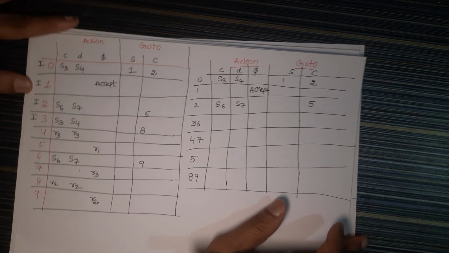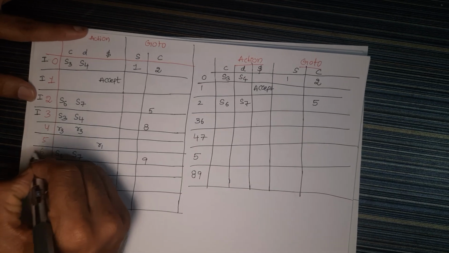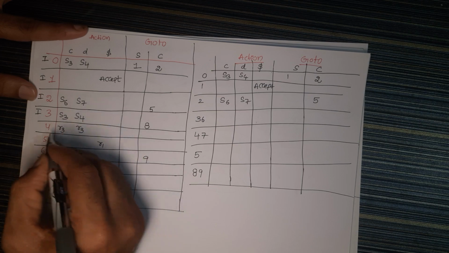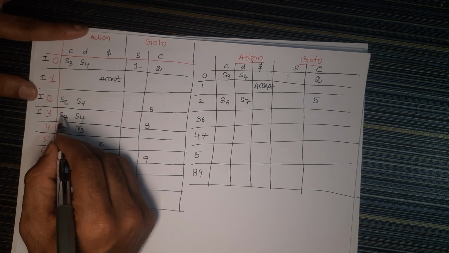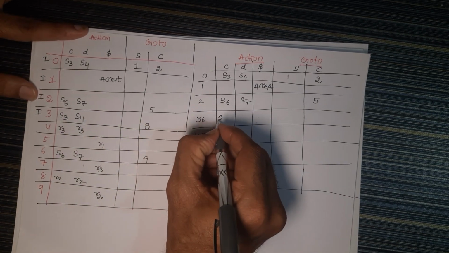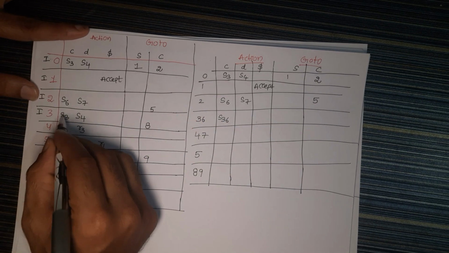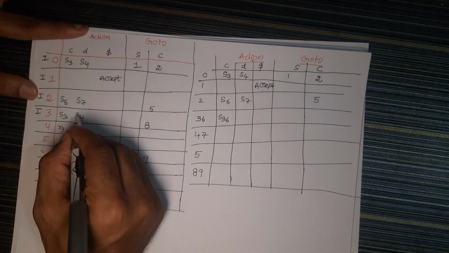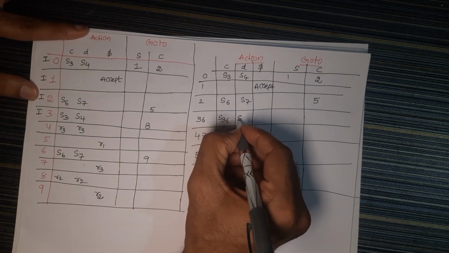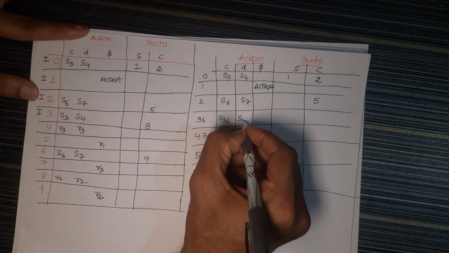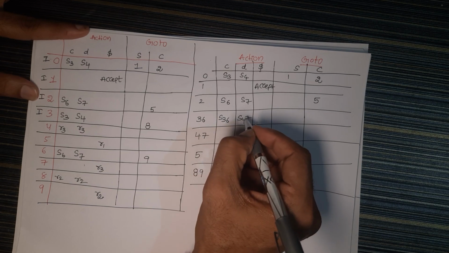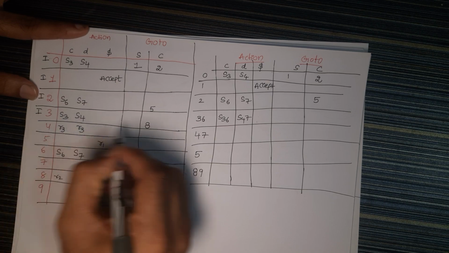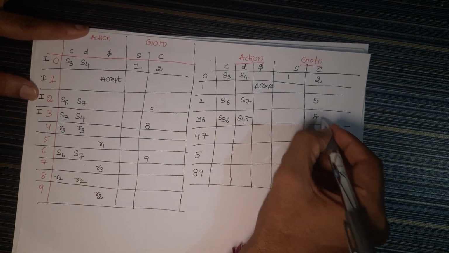In the next one, we are going to have 3 and 6 merged. When 3 and 6 are merged, S36 will come. Next, S47 will come. Similarly, we are going to merge 8 and 9, so 89 will come.